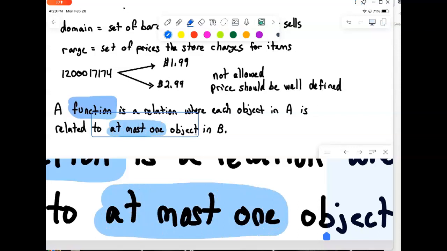Let's digest what at most one says. You might think, why don't we just say exactly one? Well, then every barcode that gets scanned would have to go to a price. And in an average supermarket, that probably works. But there could be an item in that supermarket that kind of got left there and they thought they weren't selling it anymore, and it's still back on some shelf somewhere, and someone has to figure out what the price of that is.